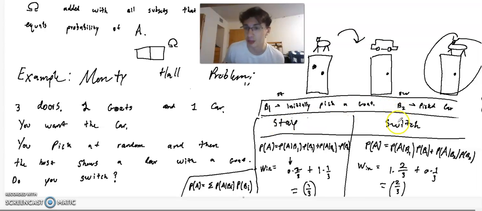But if we switch, then if we initially picked a goat, 100% of the time we will win, so that's 2/3 of the time, plus 1/3 of the time we will just lose. So 2/3 of the time we will actually win.